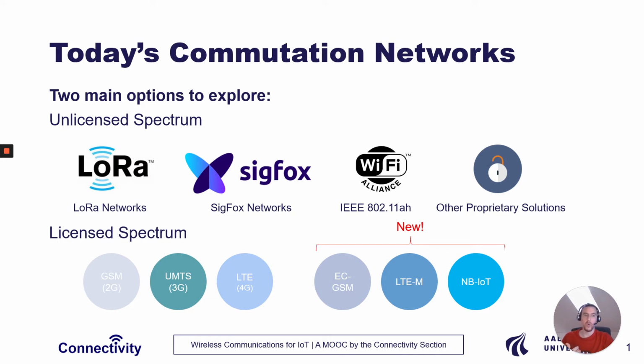So when we talk about wireless networks, the first thing that we need to take into account is, are we going to use the unlicensed spectrum or the licensed spectrum? The unlicensed spectrum, like for example in LoRa, or this is also what happens every time we're using Wi-Fi, is meant for everybody. You of course need to follow certain rules, but there is no control over what's happening in that part of the spectrum.